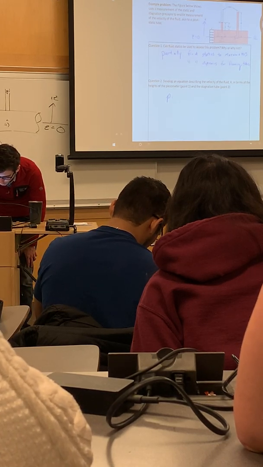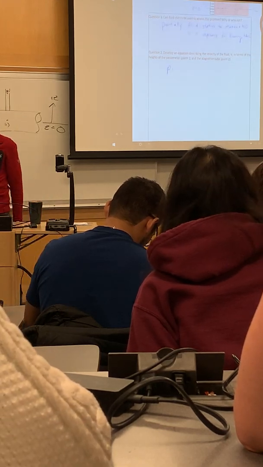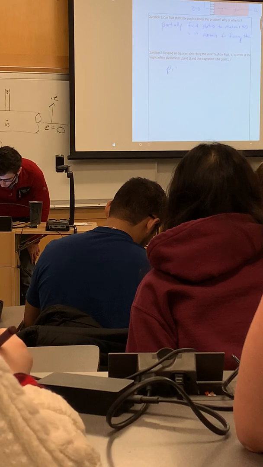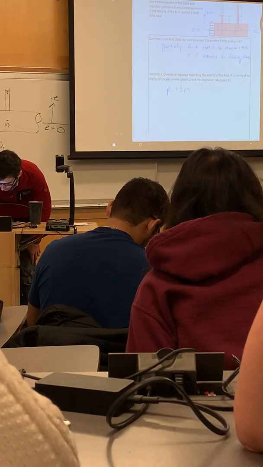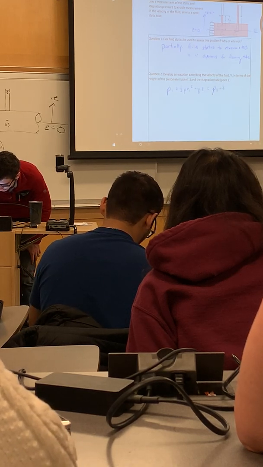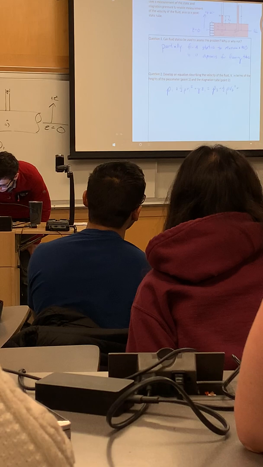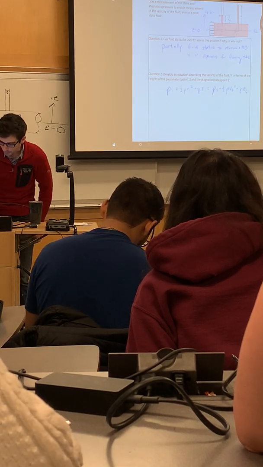And then we're going to draw positive z direction. Okay? So if we write Bernoulli from point 1 to point 2, we can cancel some things, right?